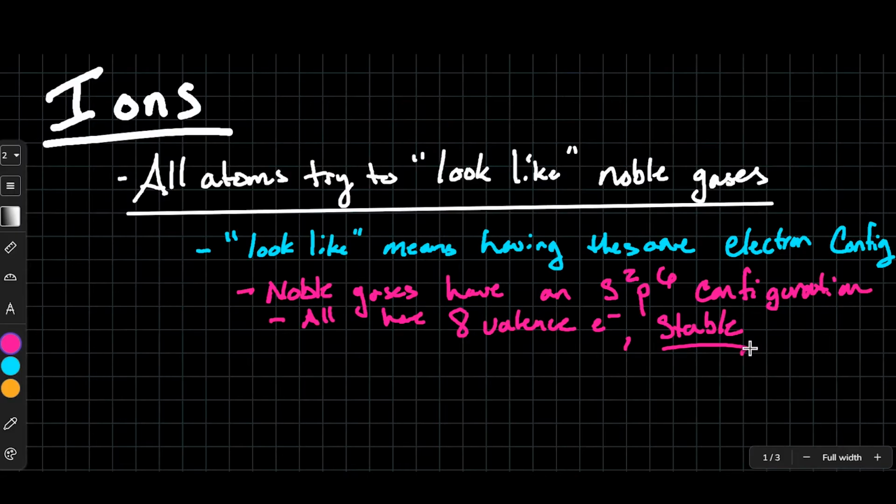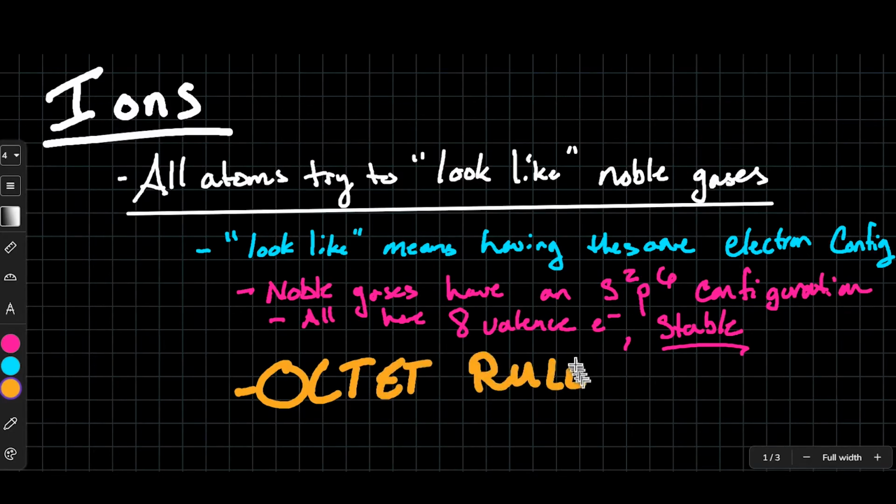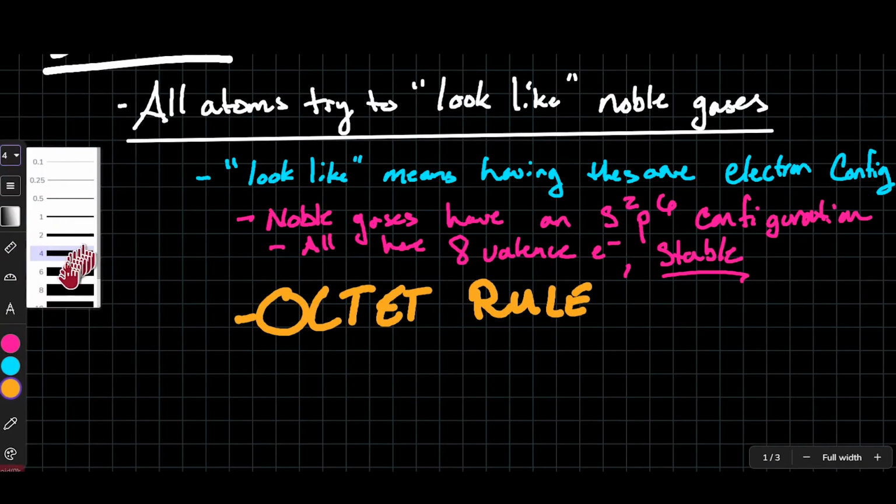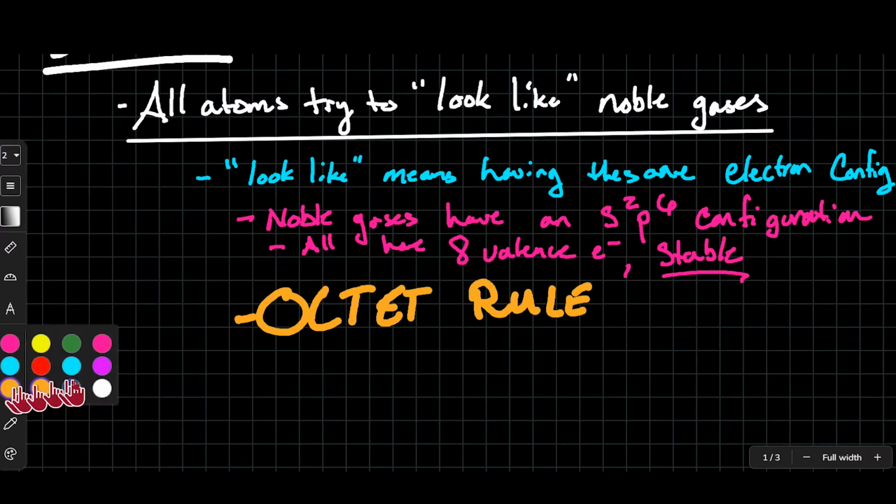All right, so this concept of all having 8 electrons, noble gases having an S2P6 configuration, and everyone wanting to look like a noble gas, is called the octet rule.